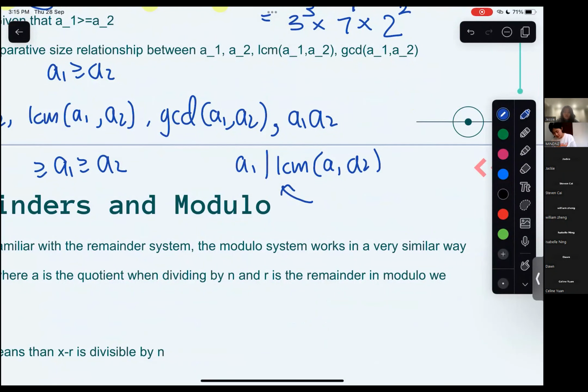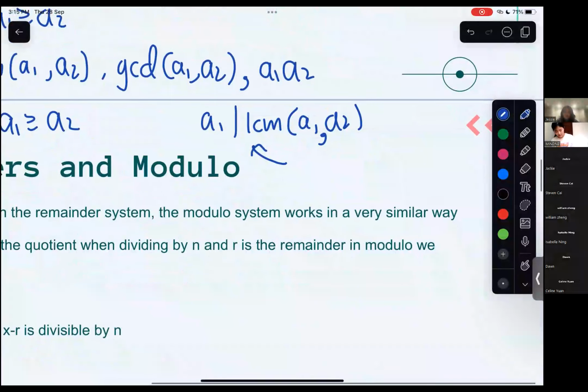And we can use this conclusion to say that, quite intuitively, any number that divides into another number has to be smaller than or equal to it, right?